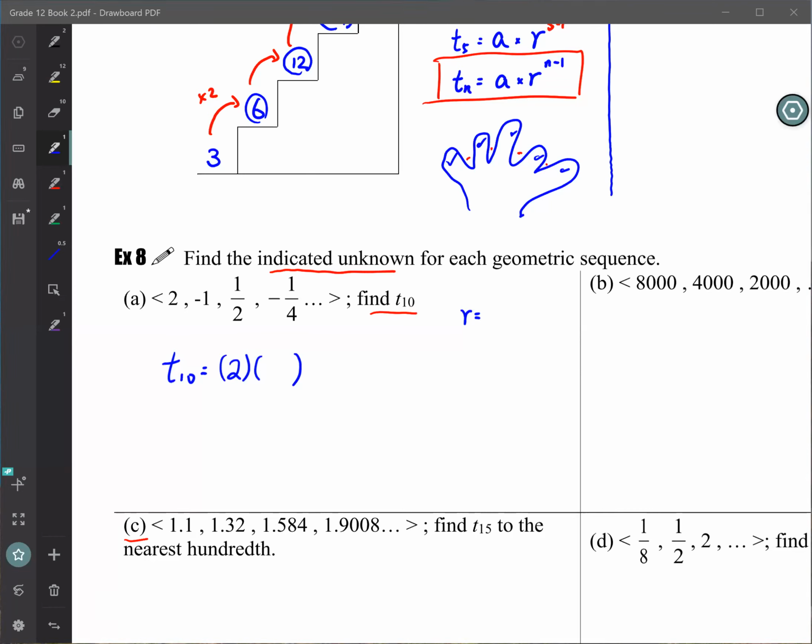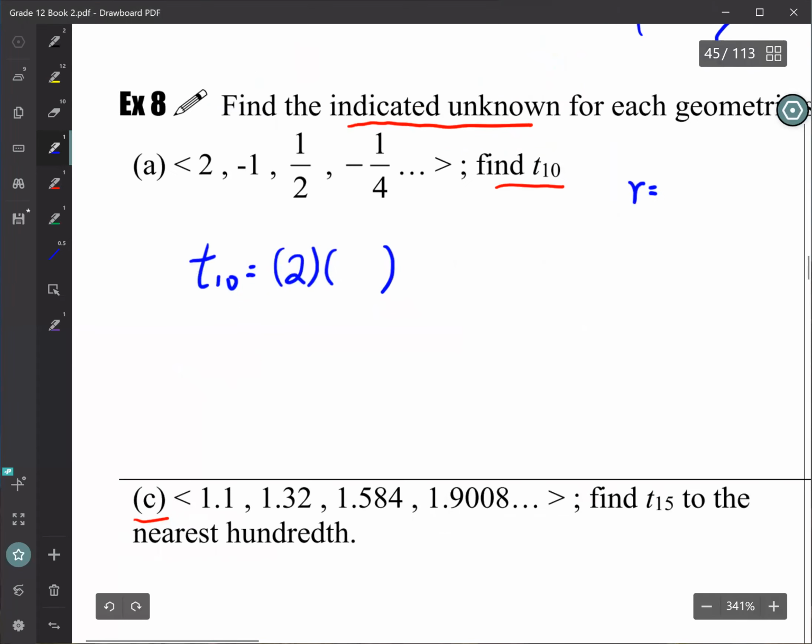Samantha, do you know the ratio? Samantha, are you there? What is the ratio? Not sure? Do you know what's the first term? Which one is the first term?